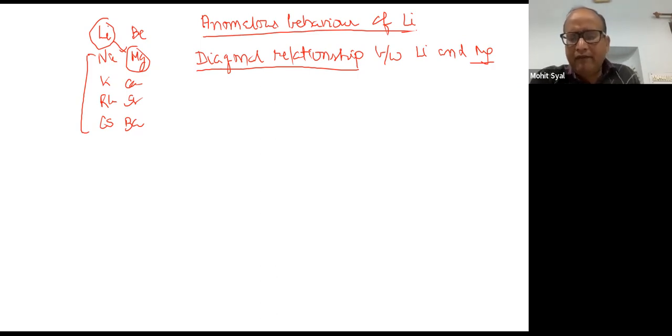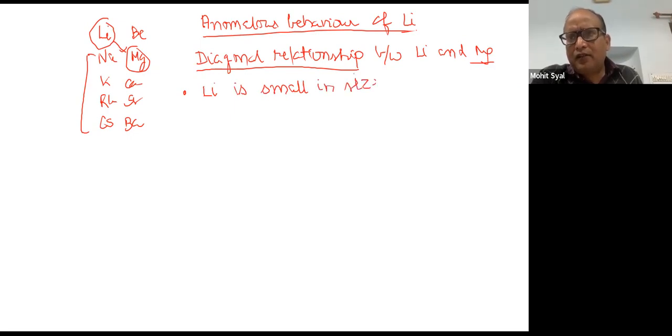Okay, why is it there? Some of the properties we already discussed. So first, lithium is small in size, that we know.